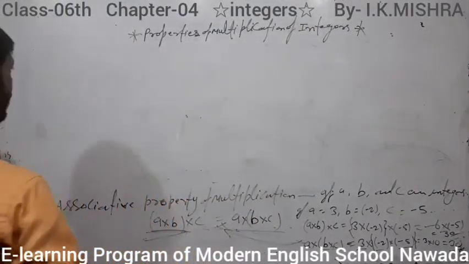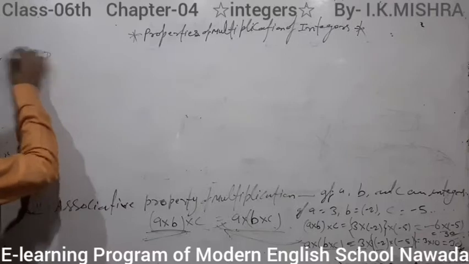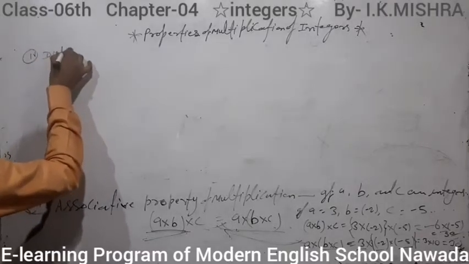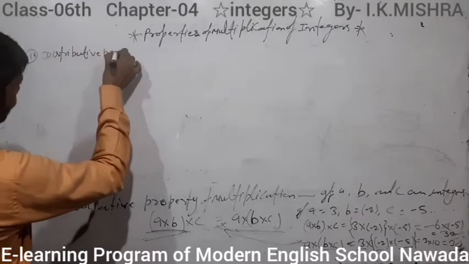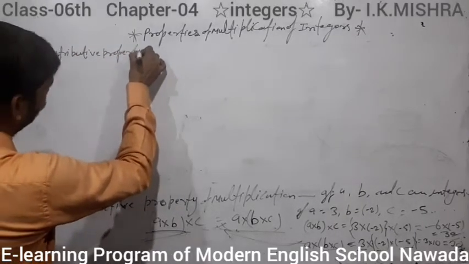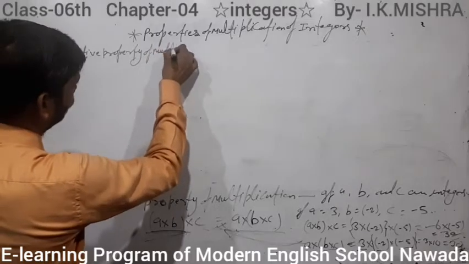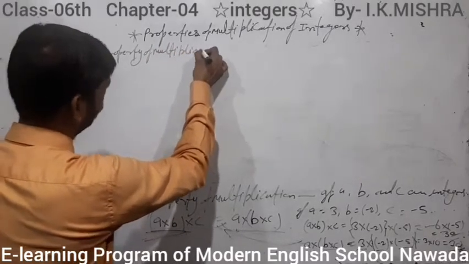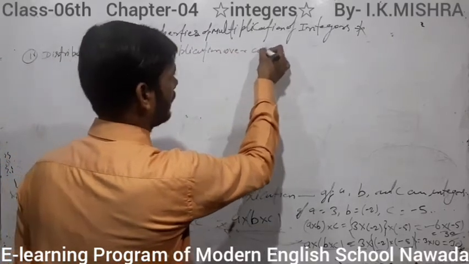Students, next property, distributive property. Here fourth number property: distributive property of multiplication over addition.